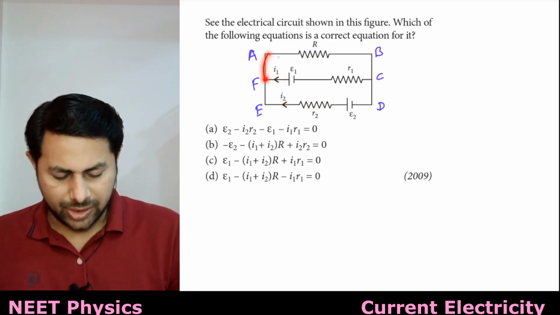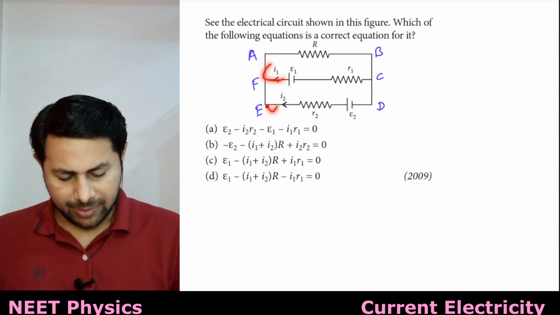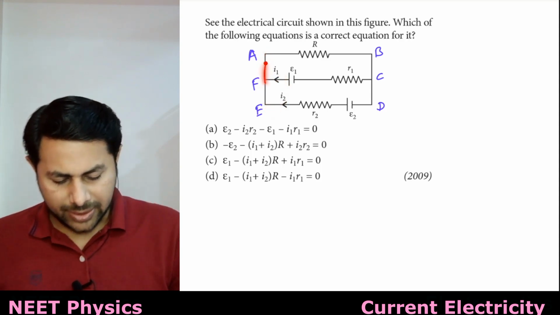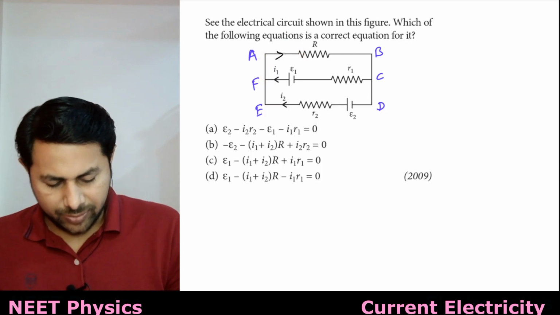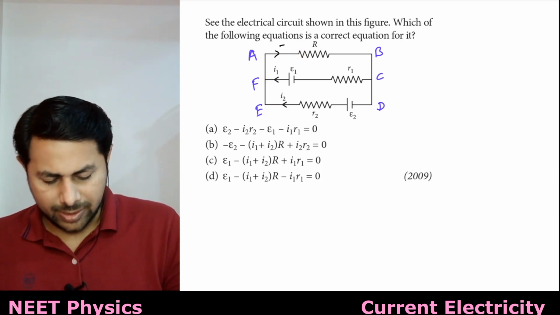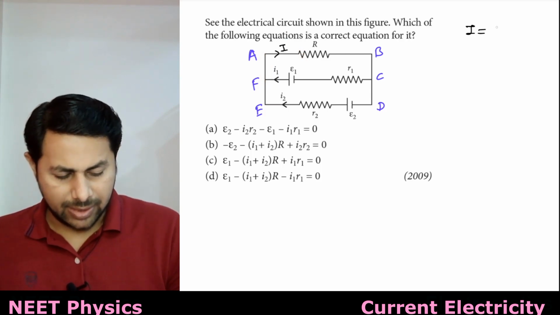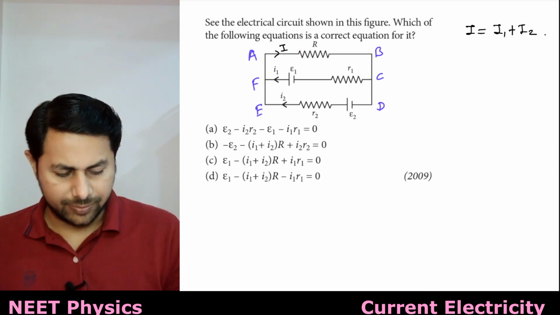At this junction, it combines, moving in the same direction, so the current from here onwards would be I1 plus I2. Let's call it I. I is equal to I1 plus I2.